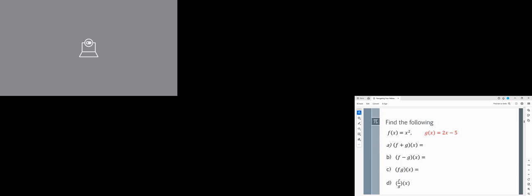Let's try another example. So for f plus g, we can rewrite this as f of x plus g of x. Substitute our functions. So f of x is x squared, g of x is 2x minus 5. Combine any like terms. We don't have any, so that's going to be our answer.